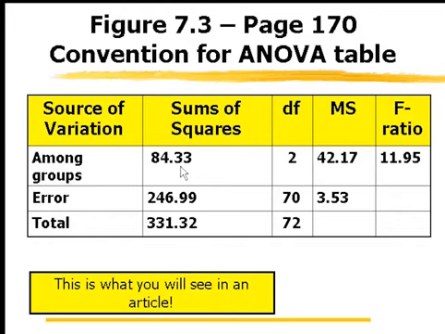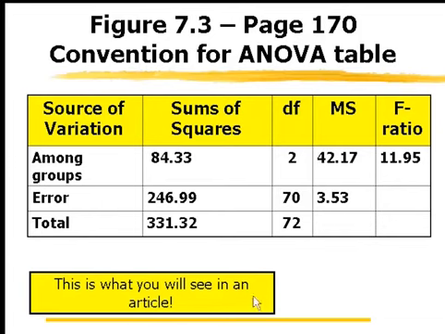In this instance, you have 84 and 246. These are the numbers that we calculated, and again, I'm not going to ask you to calculate these on a test. If you add these two together, you come up with a total of 331.32. So the sums of squares T equals the sums of squares A plus the sums of squares E.